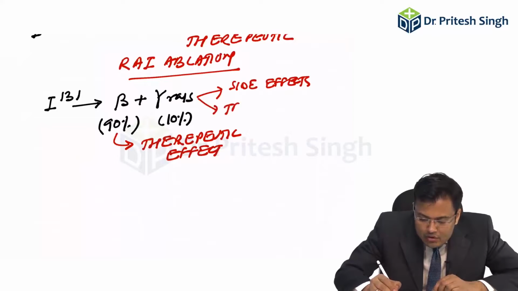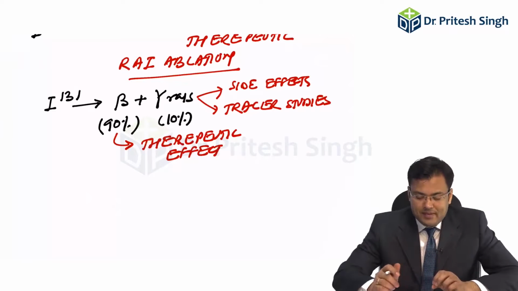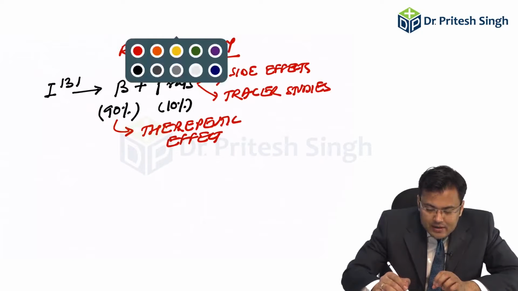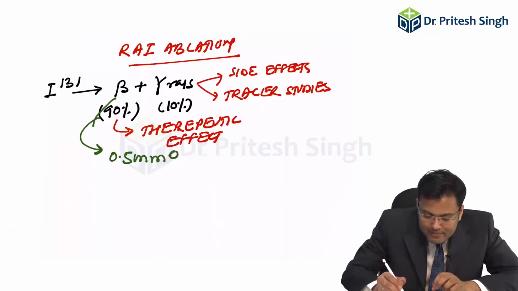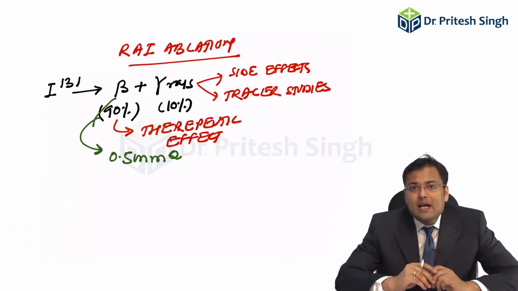Simultaneously, it is also used in tracer studies like radioactive iodine scan. After that, questions are asked, how much is the depth of penetration of beta rays? The depth of penetration of beta rays is 0.5 millimeter. It is so low that even parathyroids are not damaged.